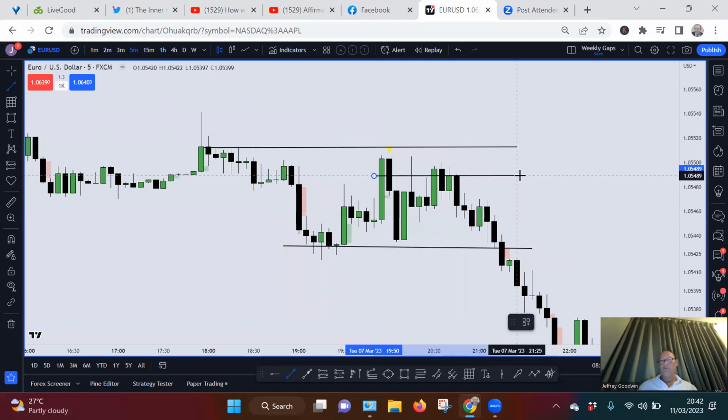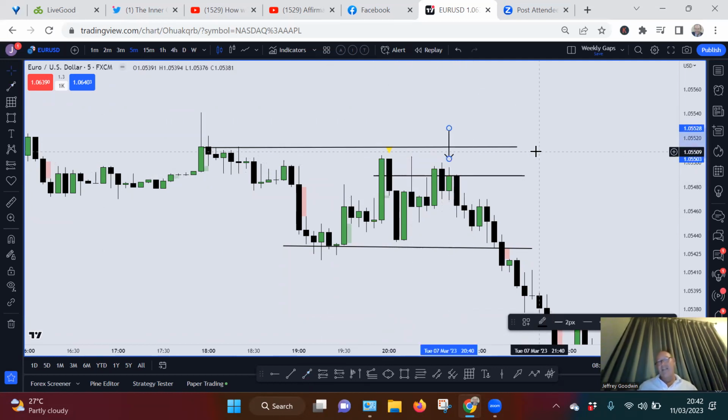Potential entry at any of these highs here. Maybe use the 10x system with it. Why? Because of that there, because of that there, and note the bodies respected below this the whole time, and it just drops like a stone.